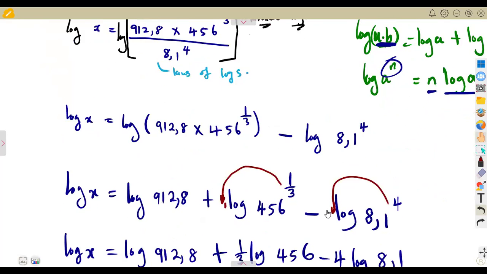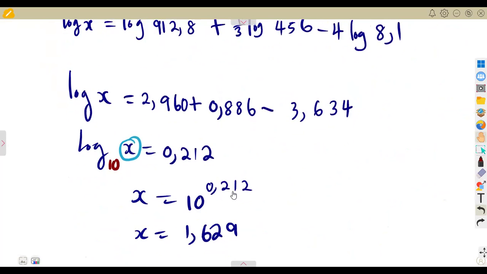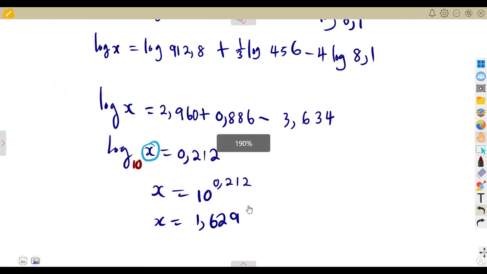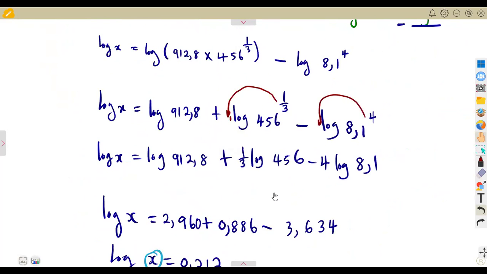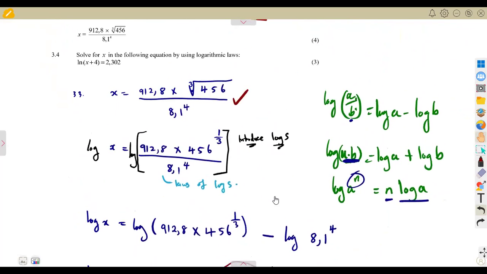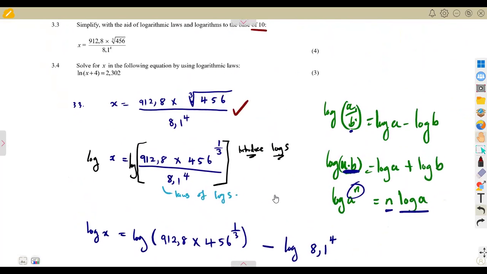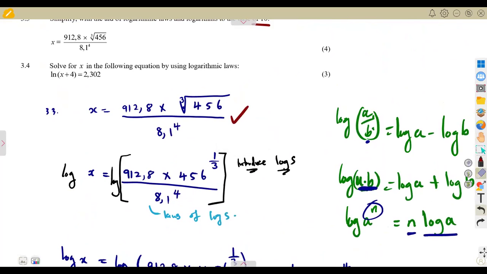This one is just an approximate value, but we are calculating x from our log. That is what you're supposed to have. So this is how you use your logarithms to calculate the value of a certain number that was supposed to be used in form of another simplification, but you are now opting for logarithms. So you just have to work with more questions. So that was it, 4 marks for that.